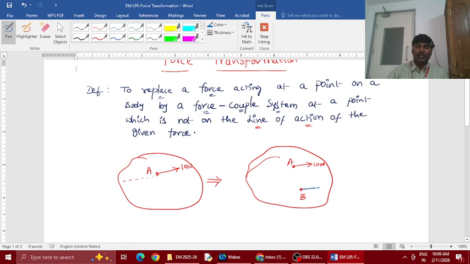Say I apply two equal and opposite forces of the same magnitude and parallel to the given force. You observe this is a given force, and these two are the applied forces.